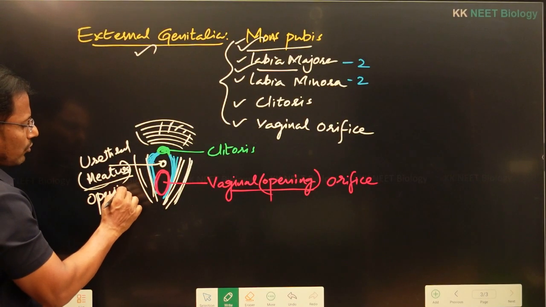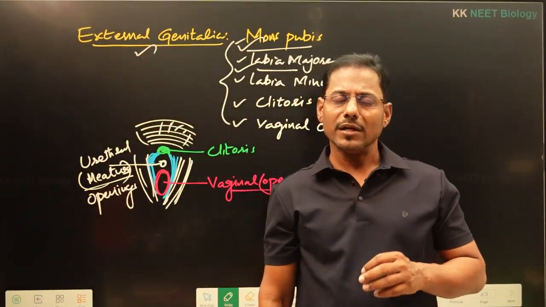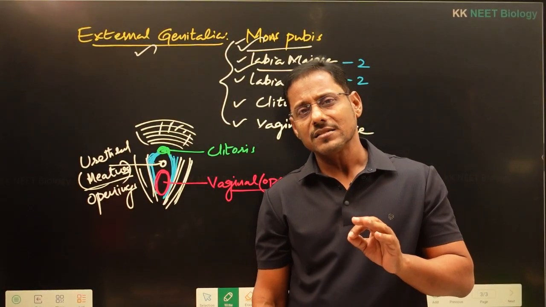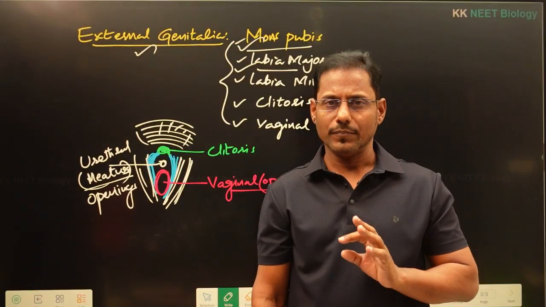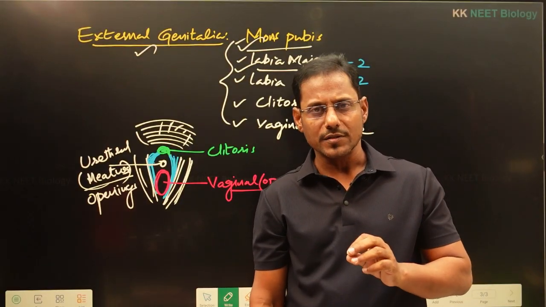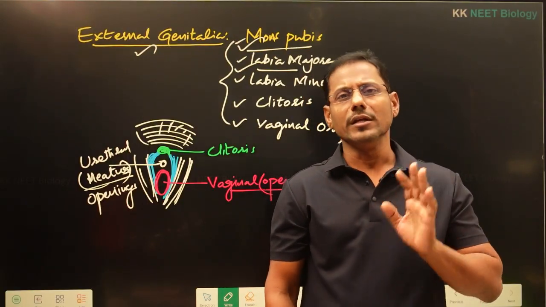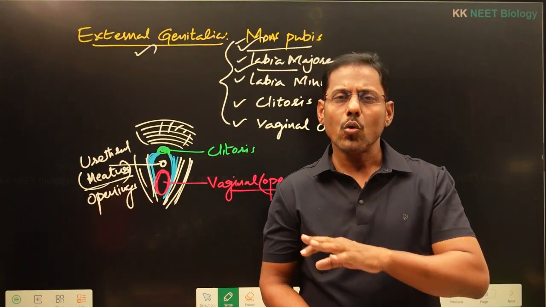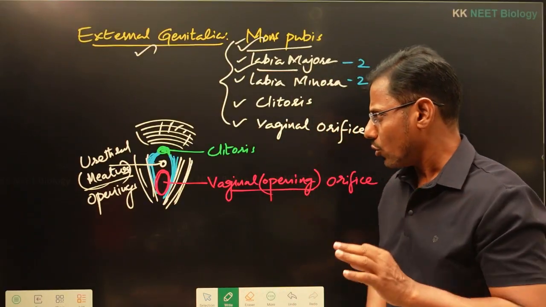In the male reproductive system, the urethra acts as a passage for both sperm and urine. But in the female reproductive system, the urethra passes only urine, not the ova. So the ova do not come through the urethral opening.